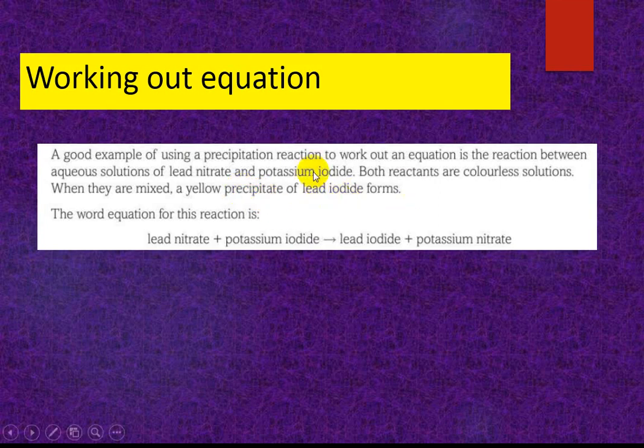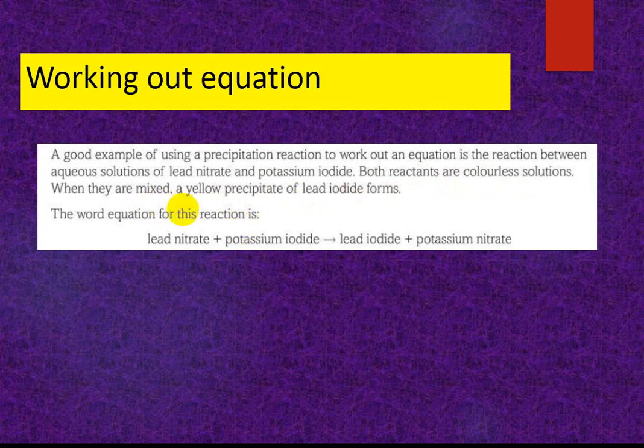This is a good example of using a precipitation reaction to work out an equation: the reaction between aqueous solutions of lead nitrate and potassium iodide. Both reactants are colorless solutions, and when they are mixed, a yellow precipitate of lead iodide forms. So we will work out an equation here.